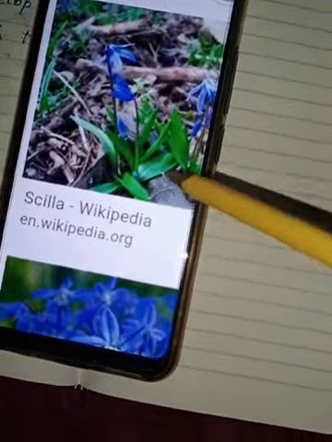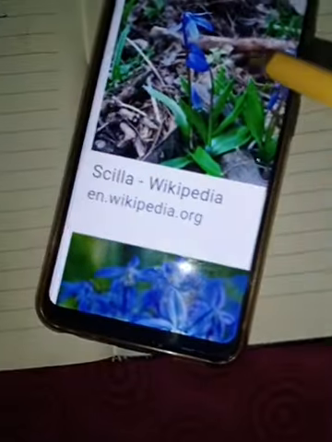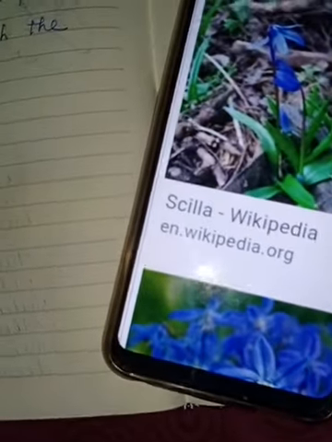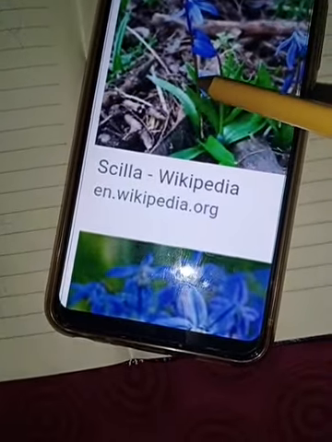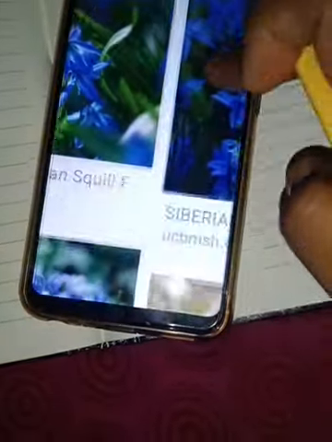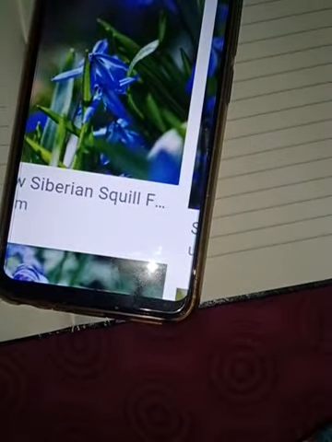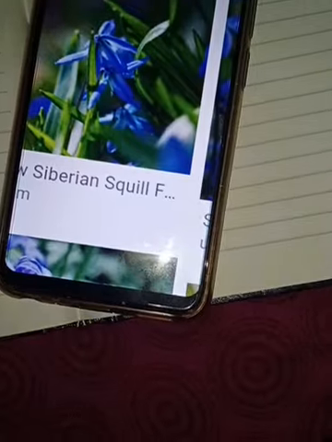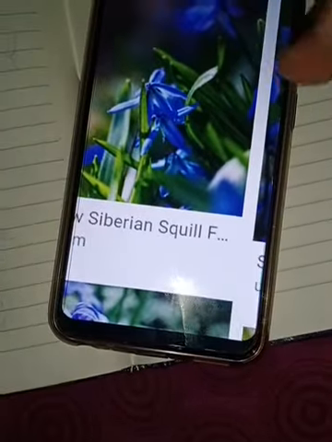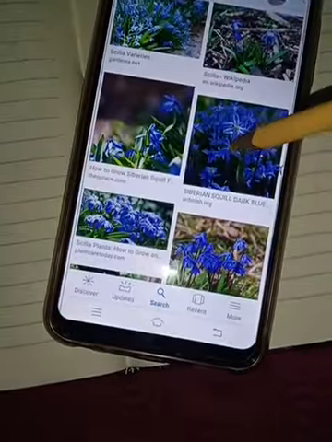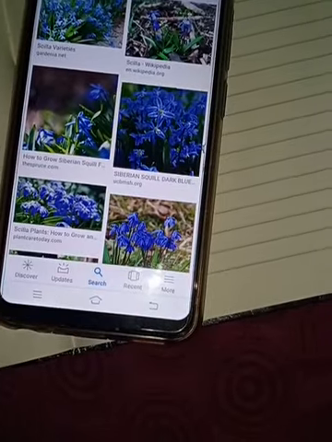This one is long and narrow and epiphyllous buds develop on their tips. Okay, so these buds develop into new plants when they touch the soil. When these buds touch the soil, they become independent. Okay, that's it. Thank you students.